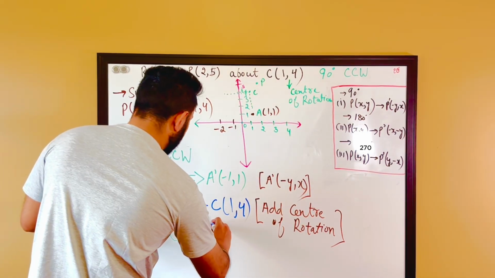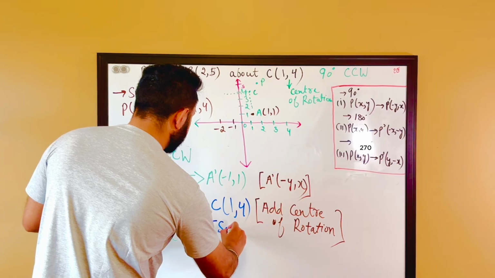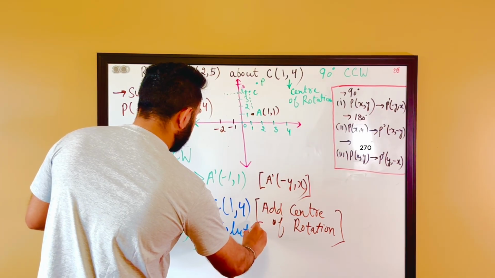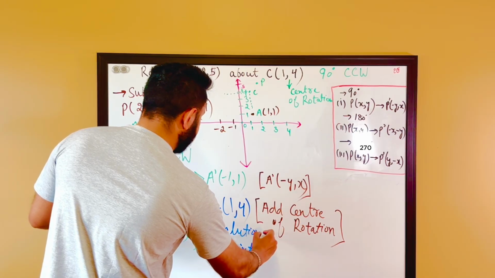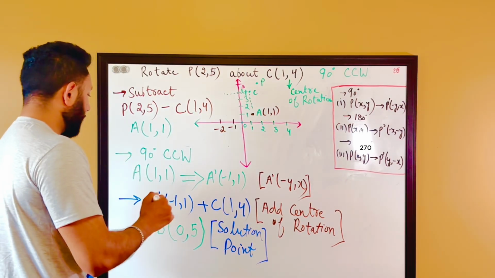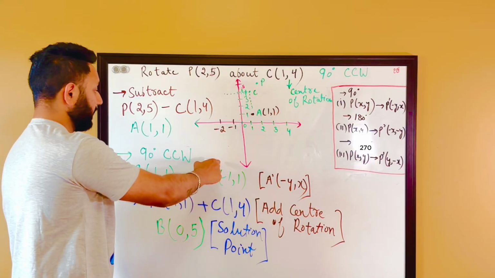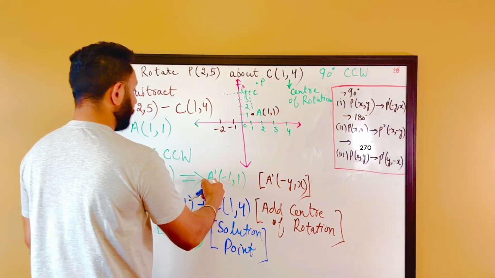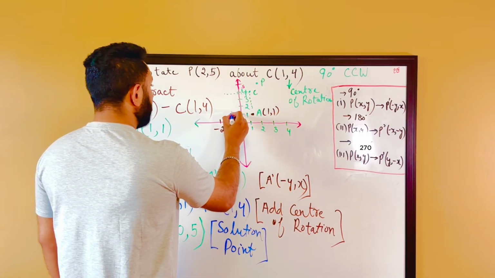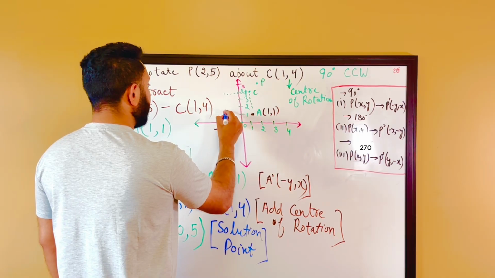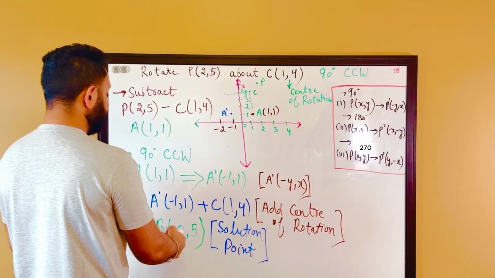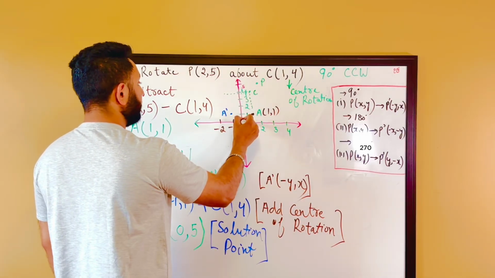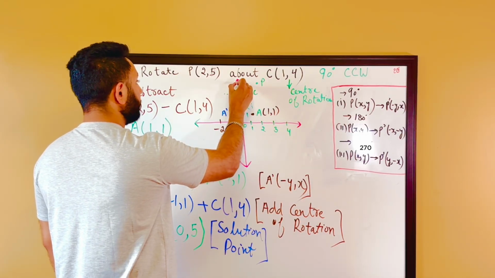So this is our solution point, B(0, 5). Now we're gonna mark this point and also this point here on the graph. So A dash is (-1, 1), and our solution point B(0, 5) is here.